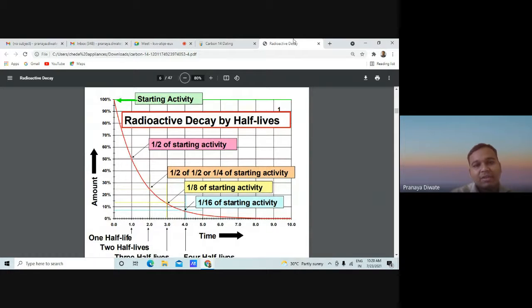So you can have a starting activity from here.